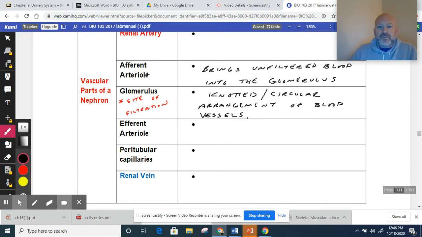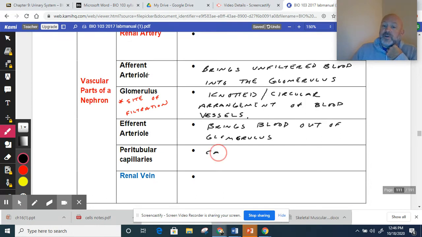The efferent arteriole brings blood out of the glomerulus. So now the blood has been filtered. And then that blood would end up in peritubular capillaries.